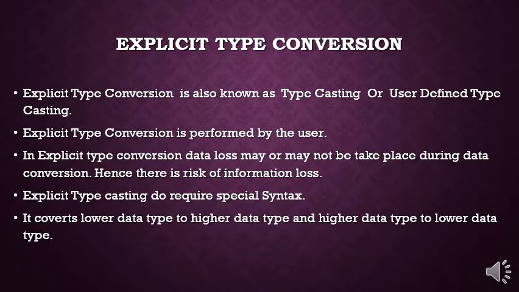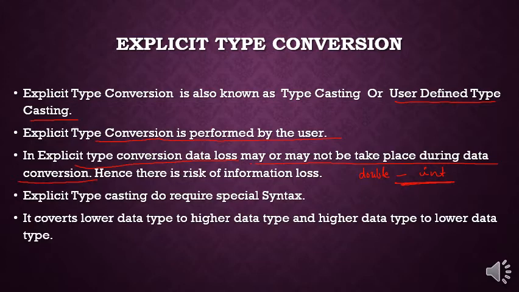Children, next type of type conversion is known as an explicit type conversion. So explicit type conversion is also known as a user defined type conversion or typecasting, because it is performed by the user. Next is, in explicit type conversion, the data loss may or may not take place during a data conversion. Why? Because if you are converting the double into integer, so here is a loss of information.